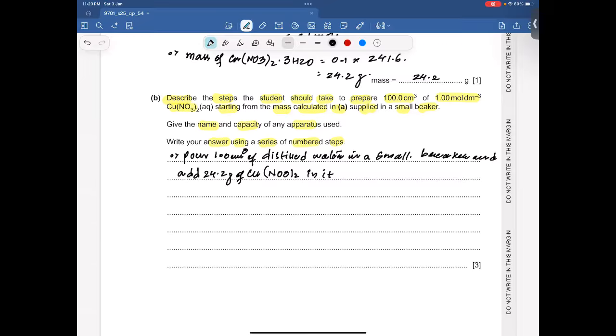Next, transfer the solution. No, hold on, and stir the mixture.